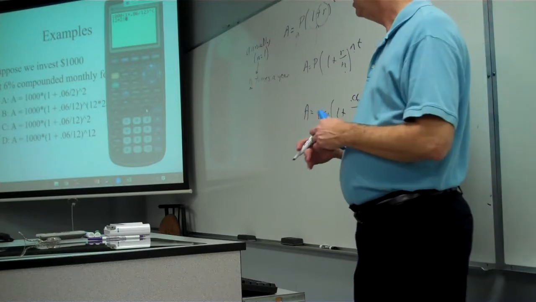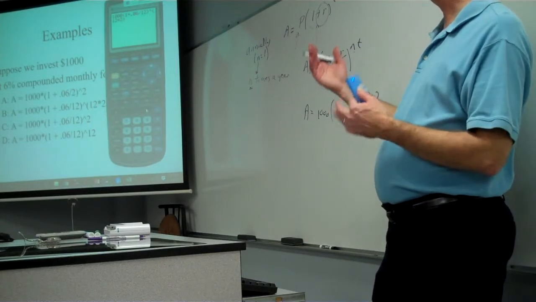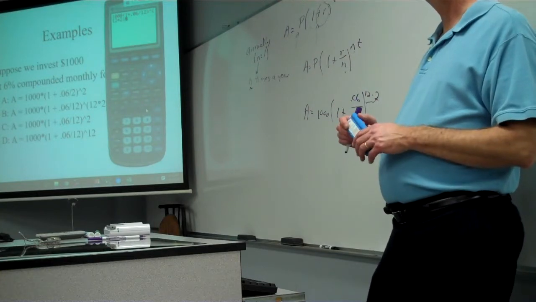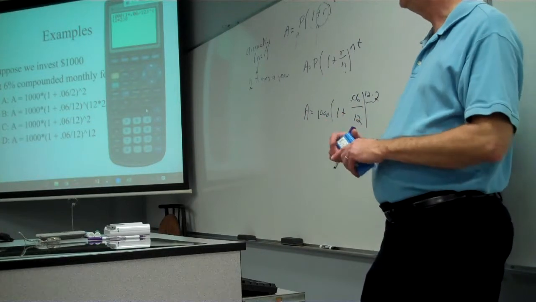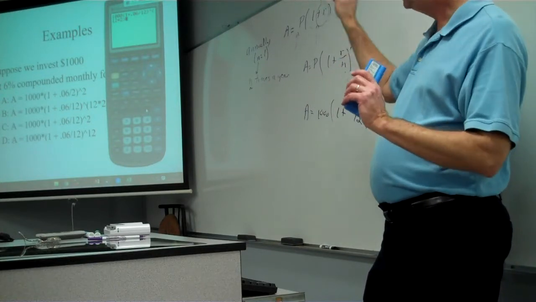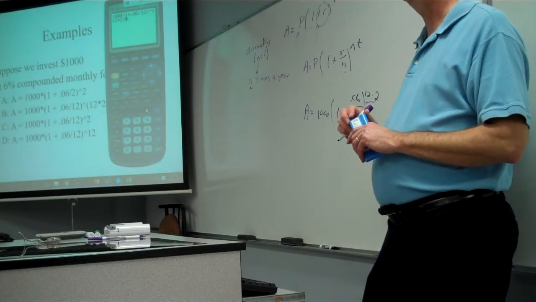So you need to be sure either to do the 12 times 2 in your head and put 24 in the exponent, or make sure you've got parentheses so it does an exponent of 24. If you're not careful in putting it in the calculator without the parentheses in that exponent, the calculator will do a computation, it's just not the one we want it done.